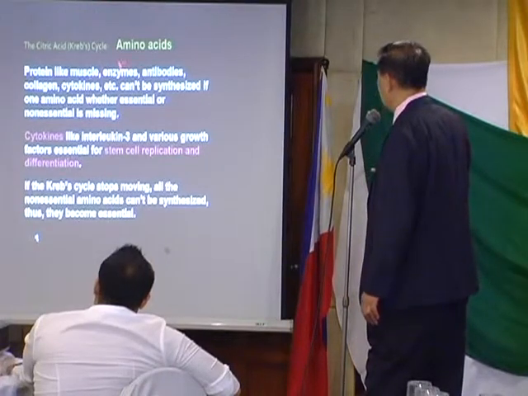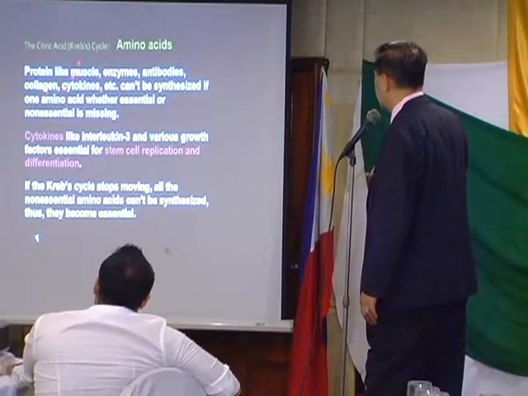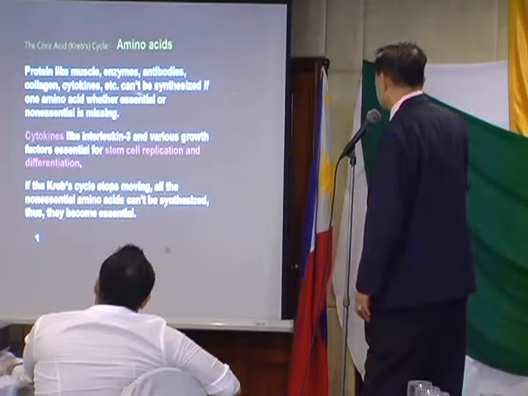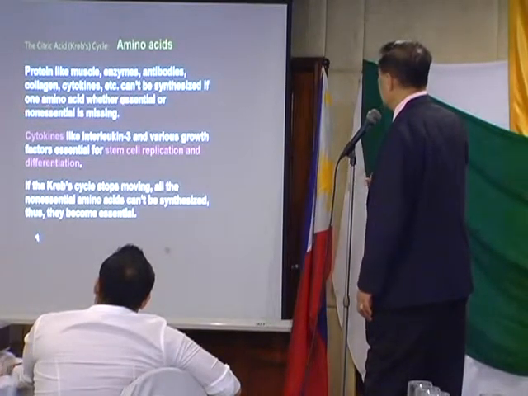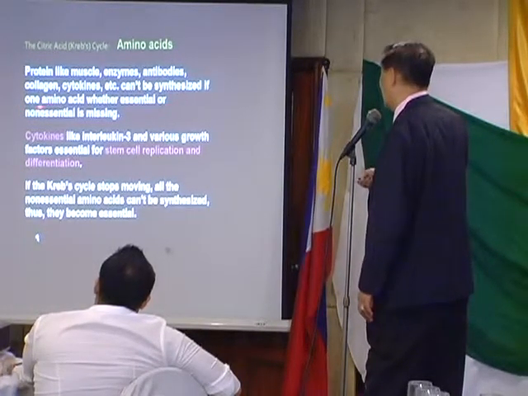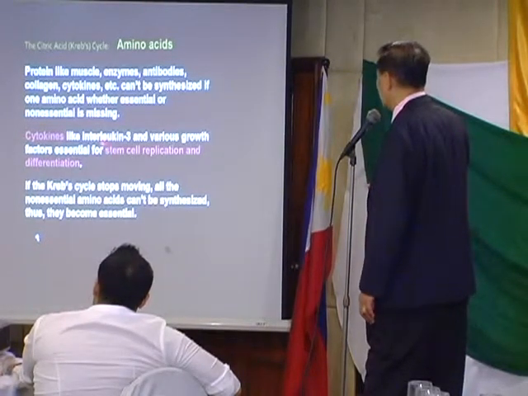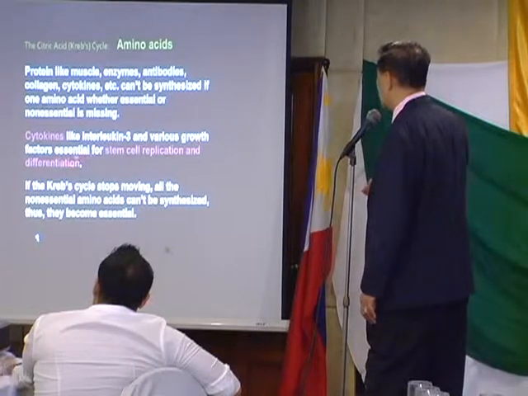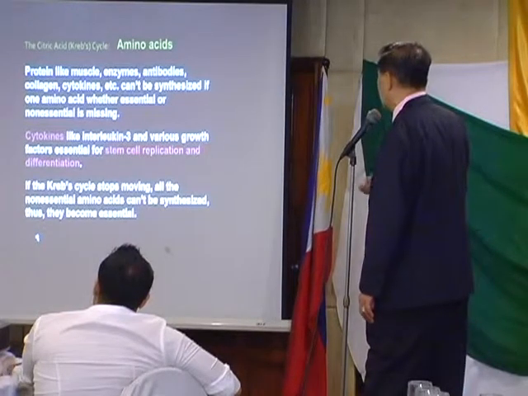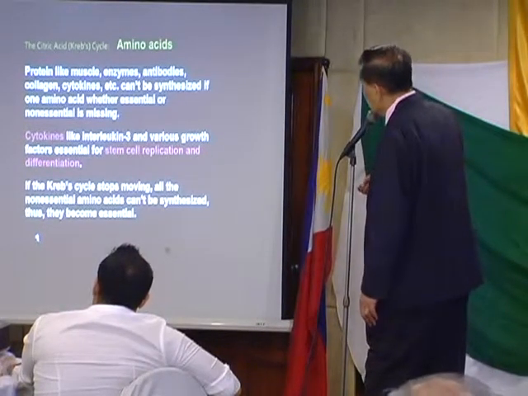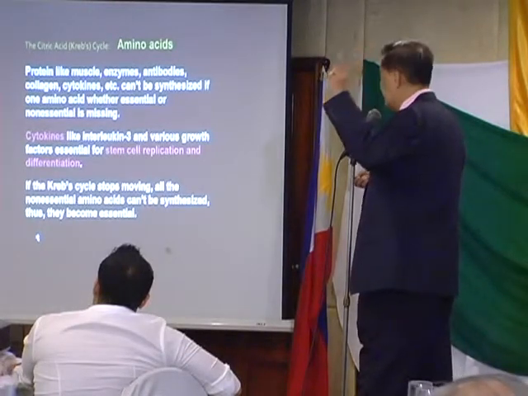Proteins like mast cells, enzymes, antibodies, collagen, cytokines, etc., cannot be synthesized if one amino acid, whether essential or non-essential, is missing. Cytokines, like interleukin-3 and the body's growth factors essential for stem cell replication and differentiation, cannot be made if one essential amino acid is missing.